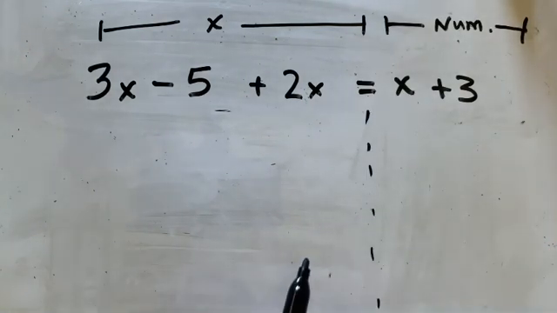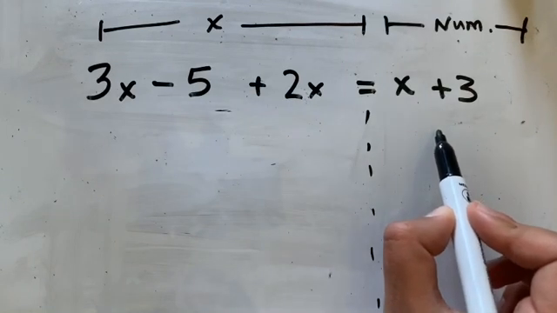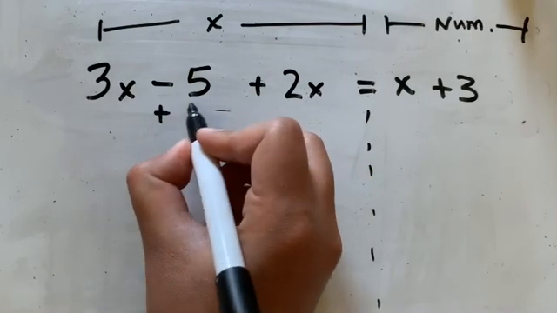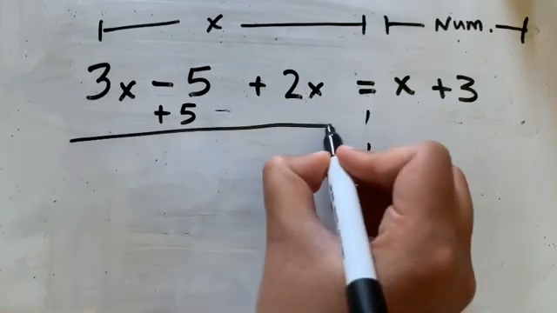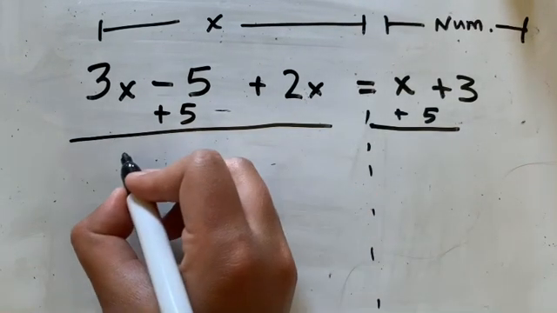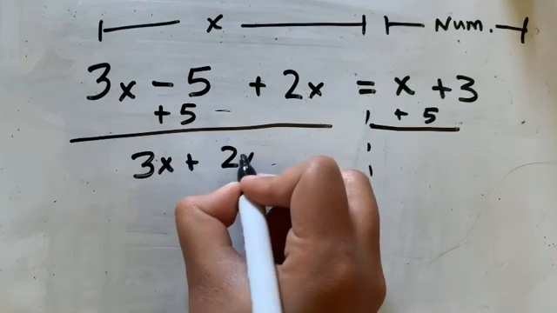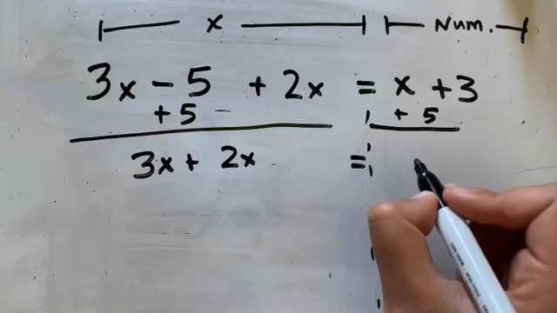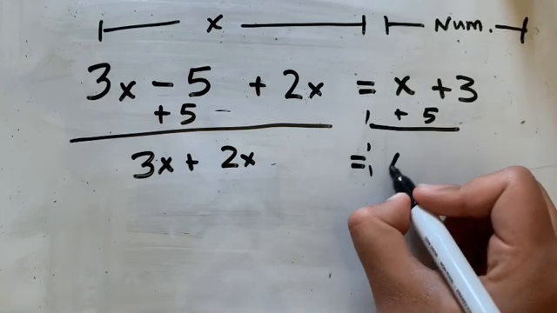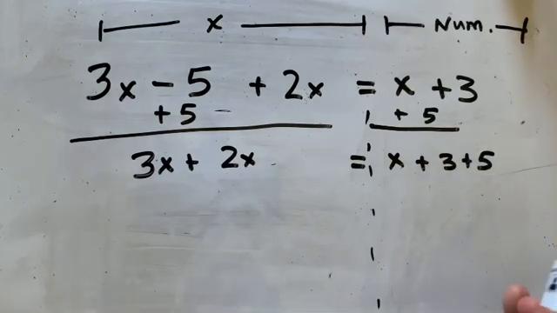So first, let's add the 5 to this side. So plus 5, plus 5 would leave us with 3x plus 2x equals x plus 3 plus 5.